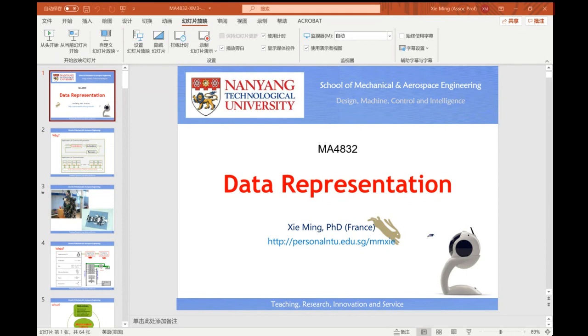In lecture 1, we studied ARM architecture. It is for you to appreciate the hardware aspect of the microcontroller that you are going to use during your hands-on practice. In lecture 2, we studied ARM memory.